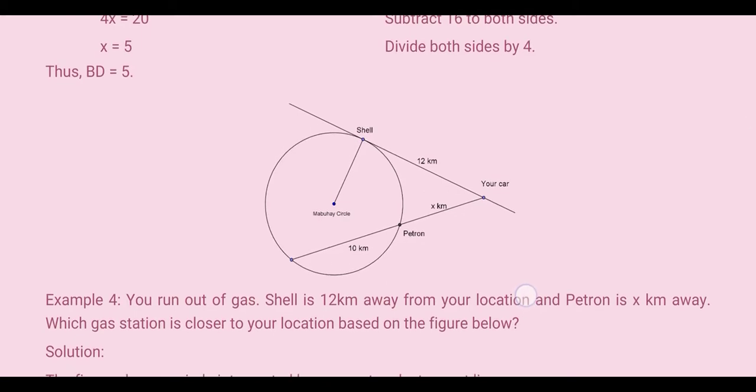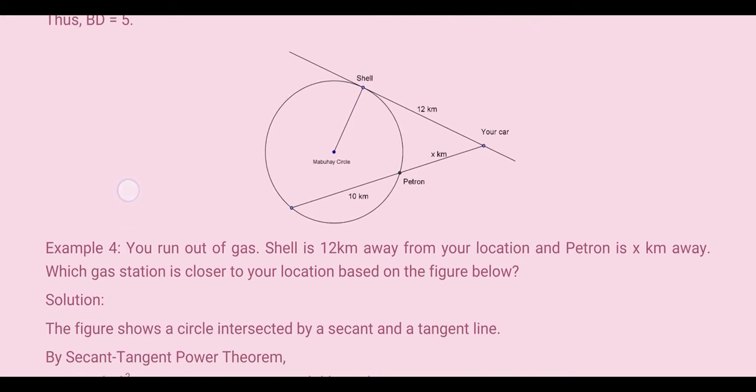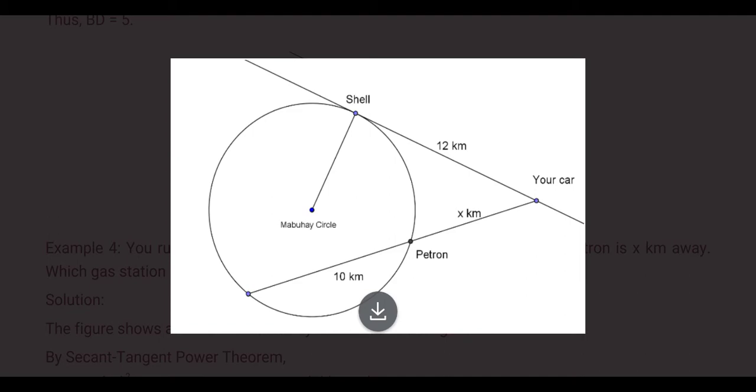Okay, so there's one more example here. Take a look at this figure. You may draw the figure on your papers so you can follow the discussion. We have here a circle with the center at Mabuhay. The distance from your car to Shell is 12 kilometers, and based on the figure, the distance from your car to Petron is x kilometers.